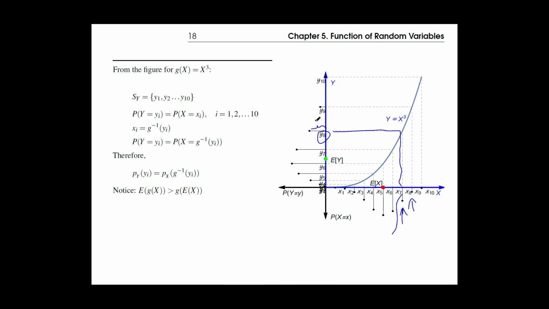And again, the idea is that the probability of y equals yi is the same as the probability of the corresponding value of x, which is the inverse of the value of y. So the heights are all the same, but the location of the points is different. The shape of the distribution of y differs from the one of x.